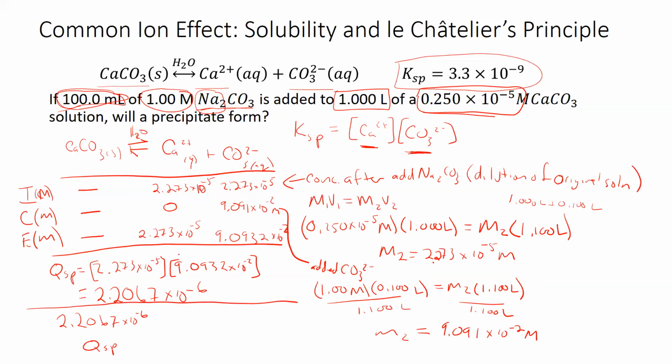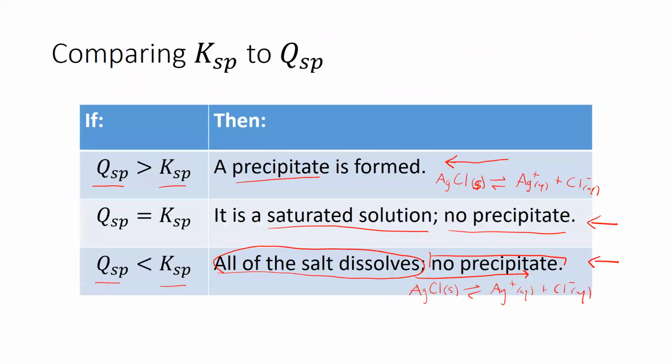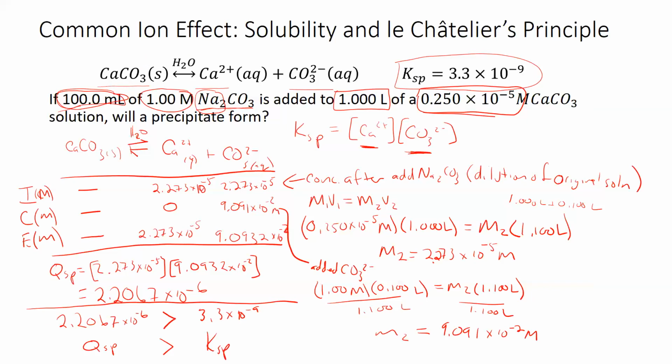And our KSP is 3.3 times 10 to the -9. And so in that case, QSP is much greater than KSP, right? And so if we go back up to this chart, we can see if QSP is greater than KSP, we'll have a precipitate. So yeah, a precipitate forms.